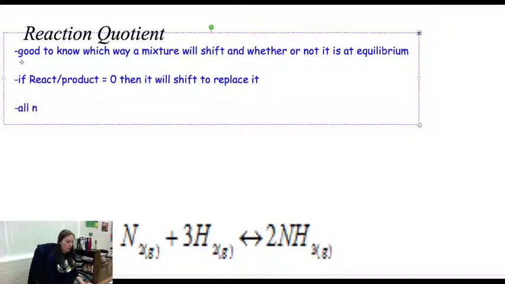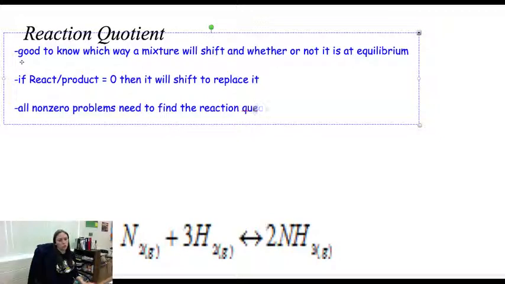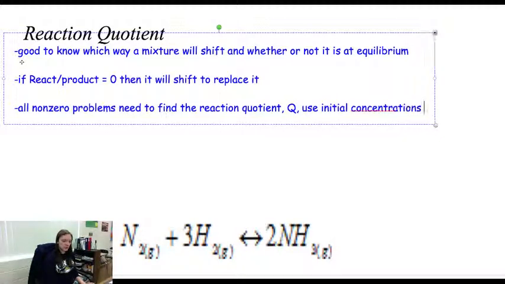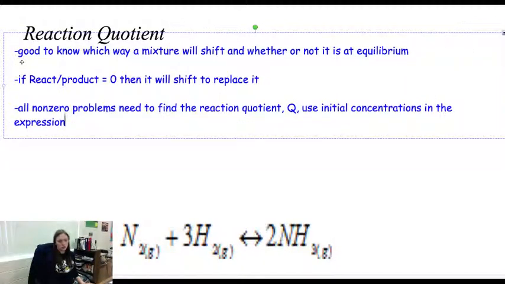All non-zero problems, you need to find the reaction quotient, which is an uppercase Q, and we use initial concentrations in the expression.